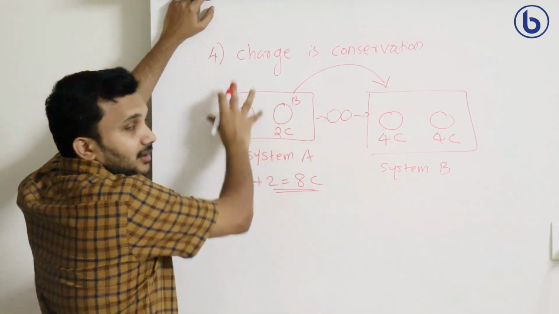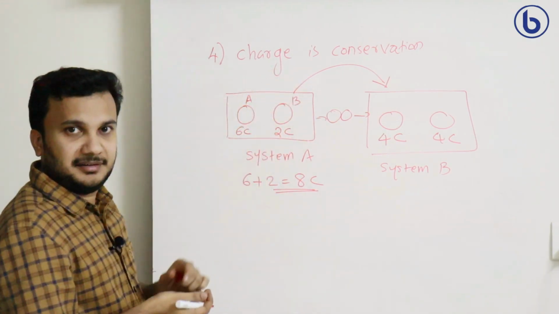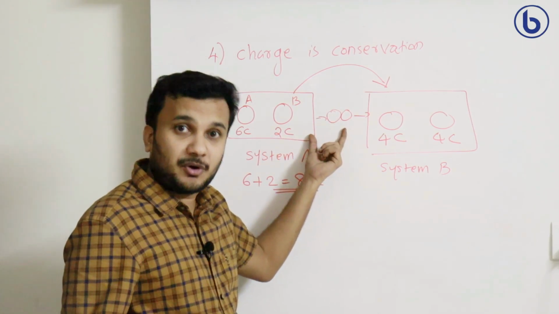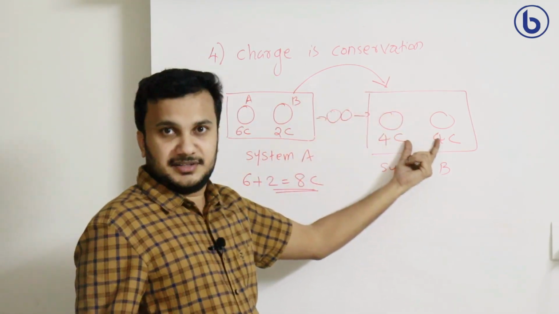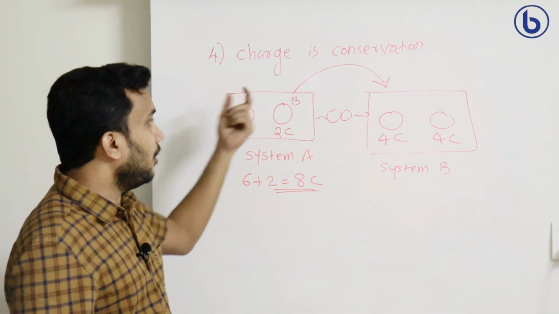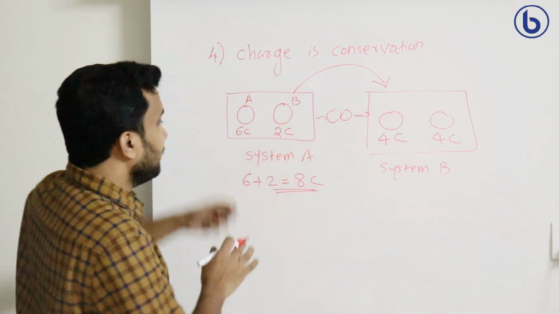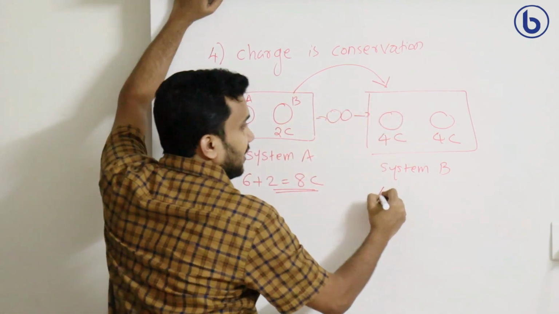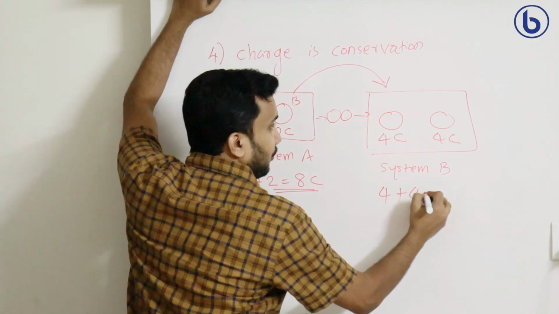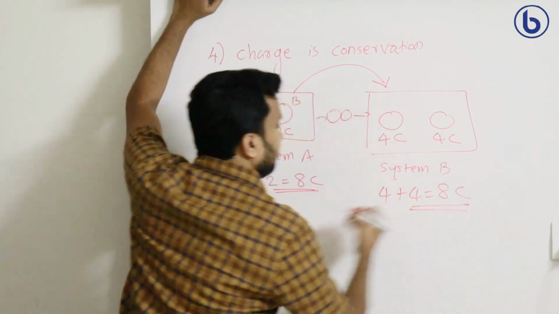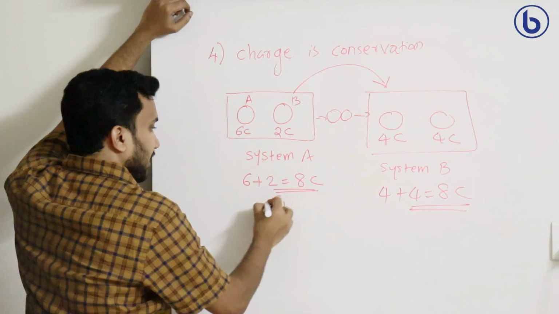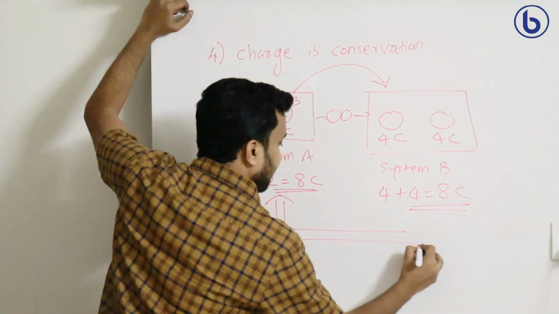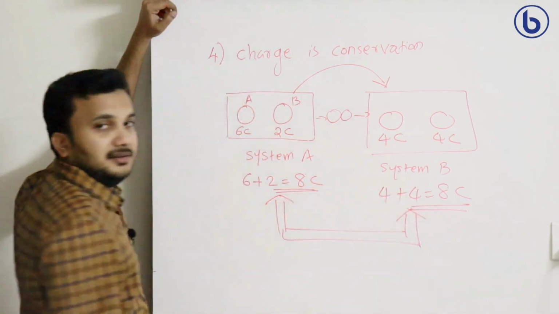Now 4 coulomb. This is before an incident happens. This is the incident, this is a process, and this is after the incident. So before the incident, on the incident, after the incident. Now if you ask what will be the charge, I will say 4 coulomb plus 4 coulomb is equal to 8 coulomb. Now I can say before an incident is equal to after an incident.